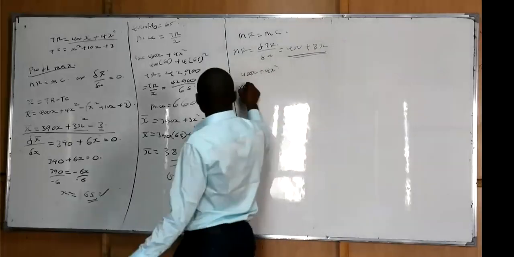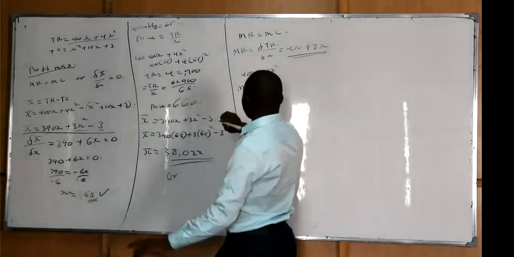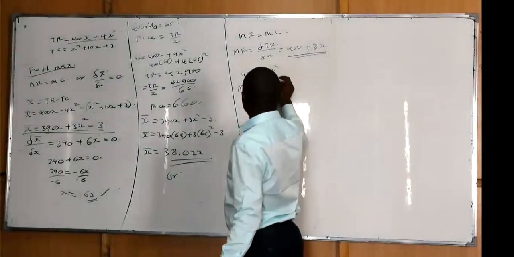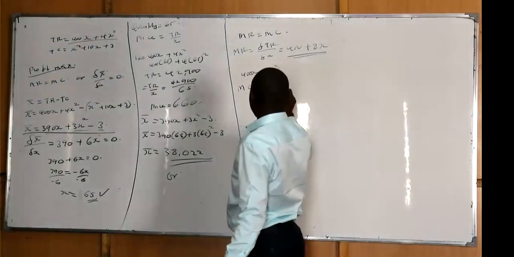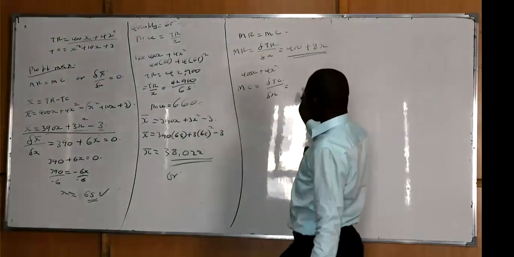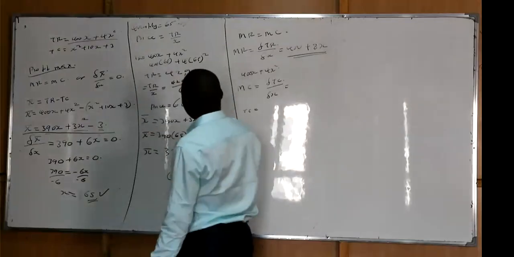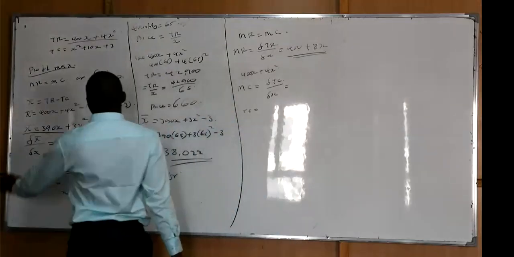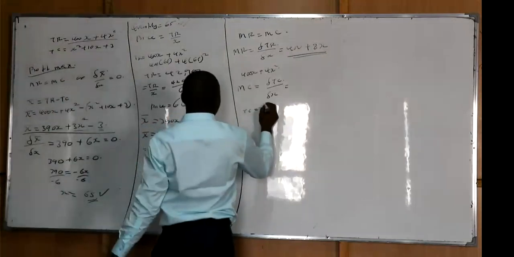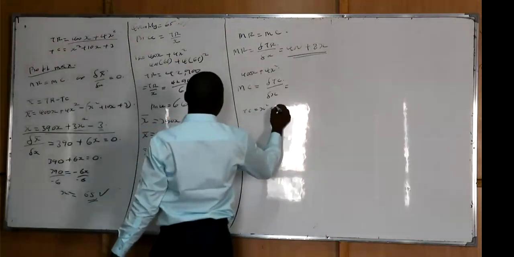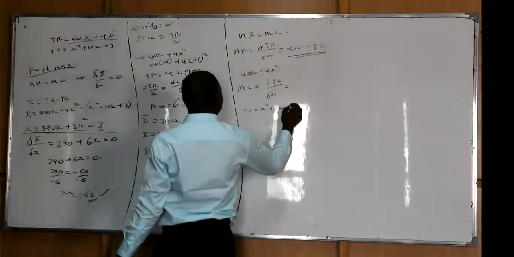Then to get the marginal cost, you differentiate the total cost with respect to quantity. The total cost function was x squared plus 10x plus 3.